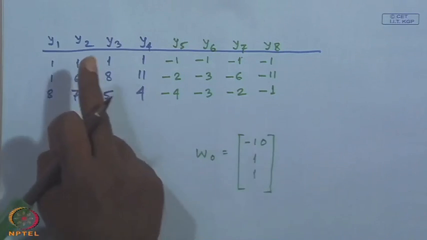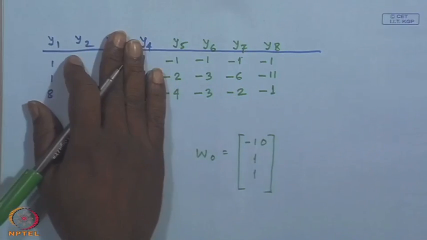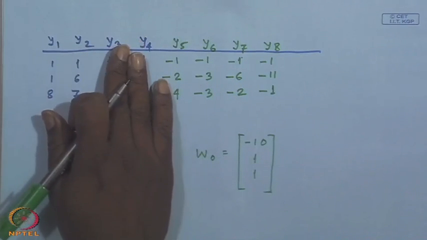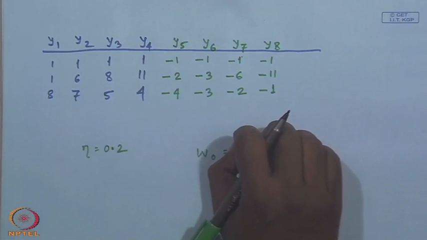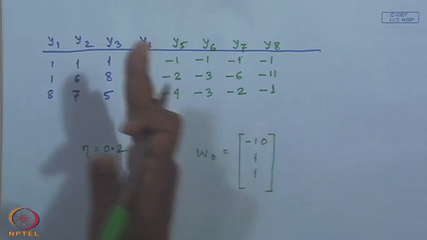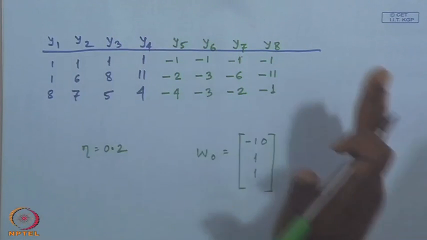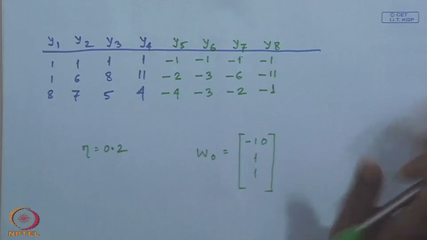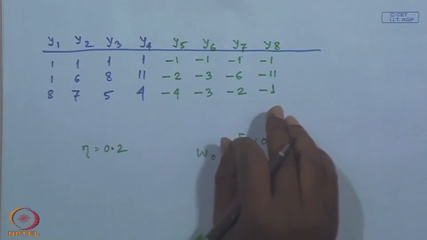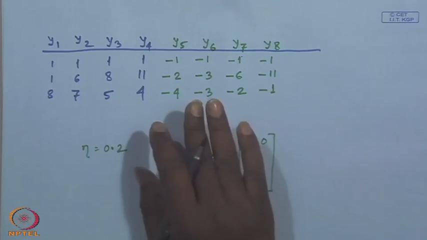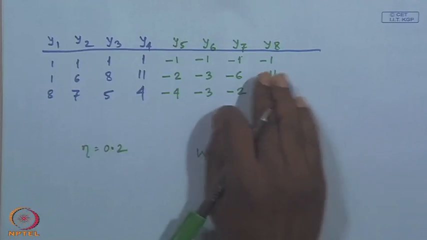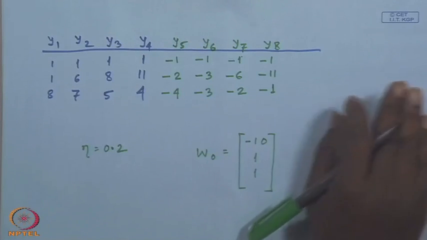If w transpose y is negative for any of the y, then that sample y is misclassified by this weight vector. So, I have to identify all those samples y which are misclassified, for which w transpose y is less than 0. All those are misclassified samples, and those misclassified samples are to be used in my gradient descent procedure for modification of the weight vector w.